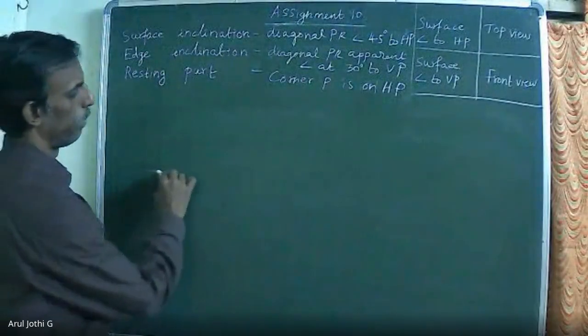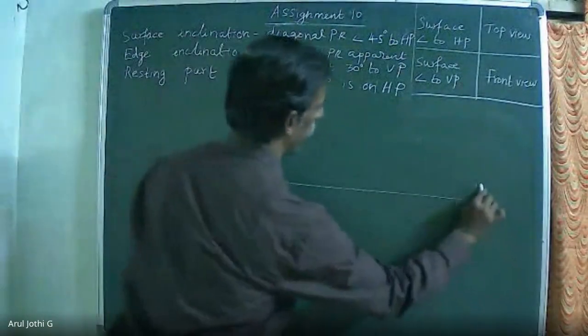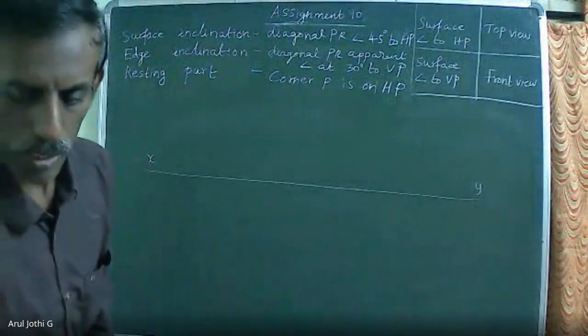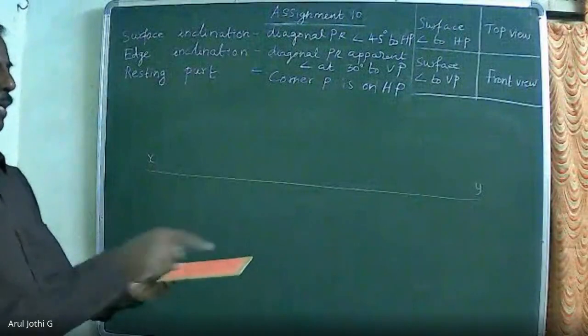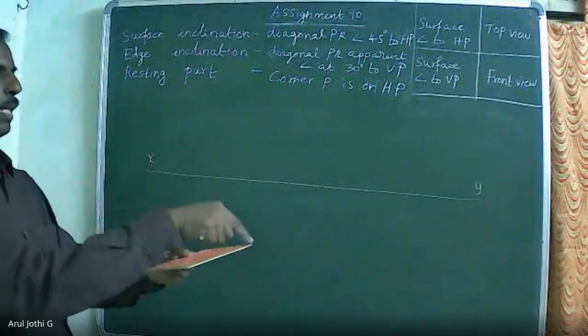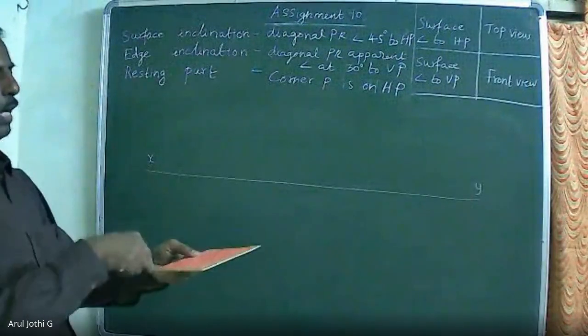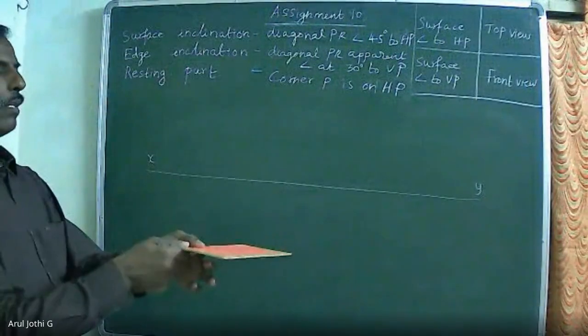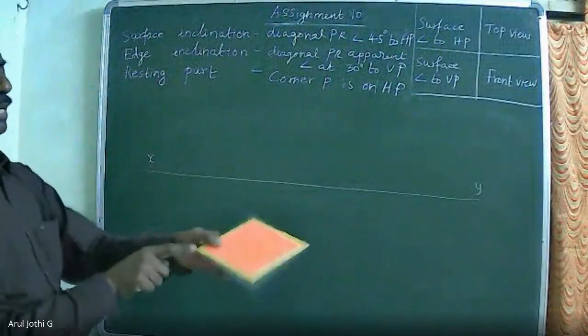One diagonal PR is inclined to HP. Now look at the plane here, PQRS, with this diagonal PR, available in this orientation. I am keeping the corner here.